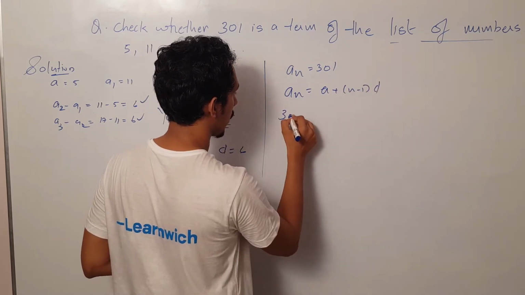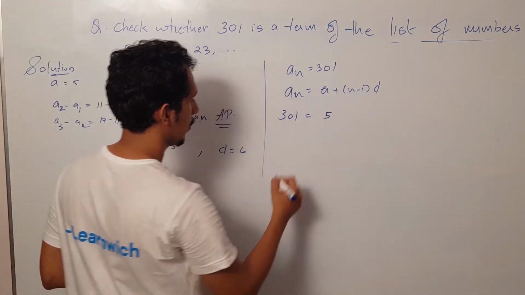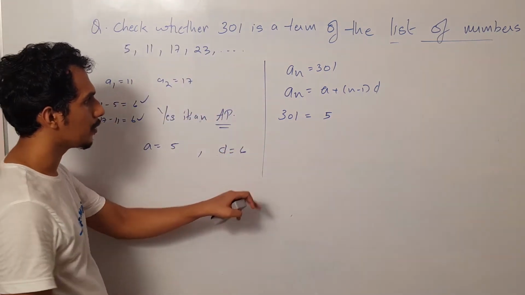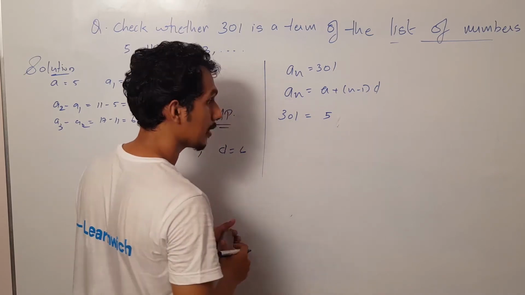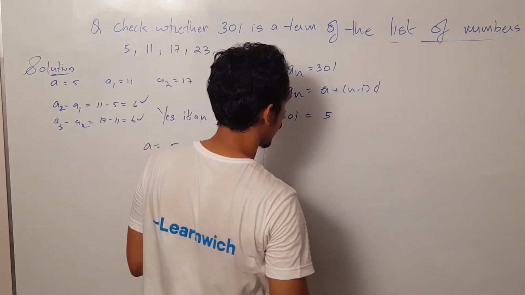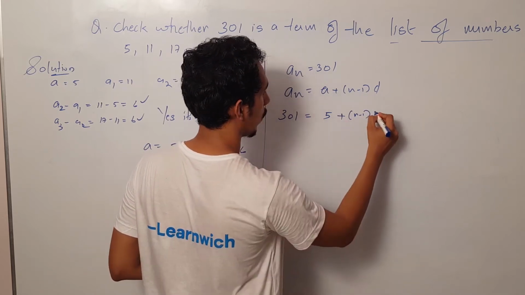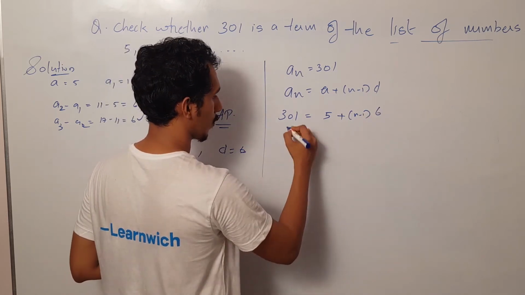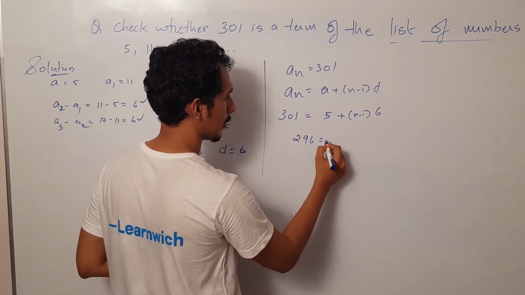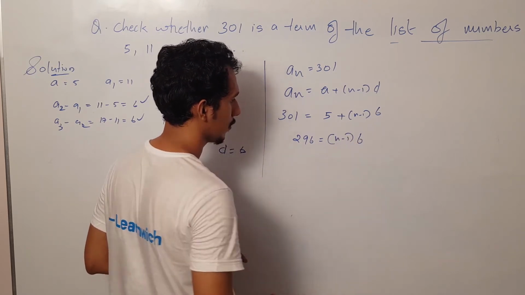Or I can write 301 is equal to 5 plus (n minus 1) into d. I want to find out whether 301 is a part of this AP. What is d? d is 6. So you get 296 is equal to (n minus 1) into 6.